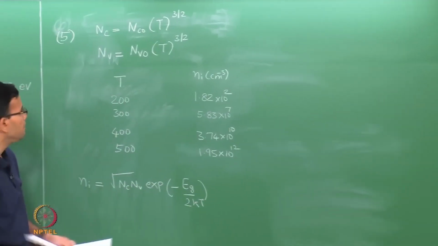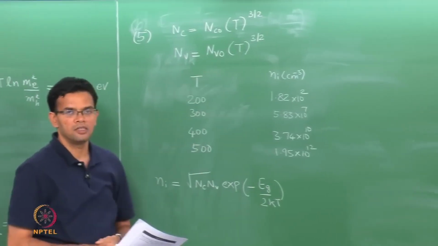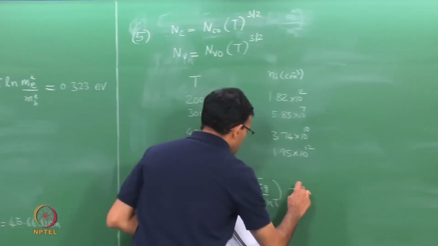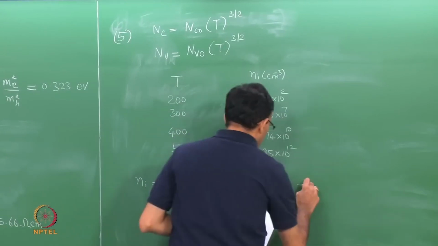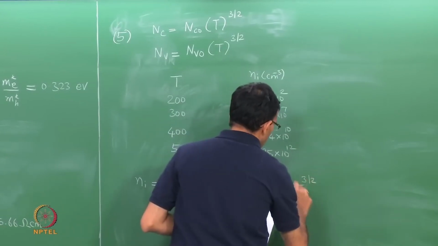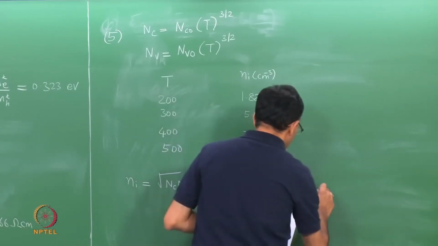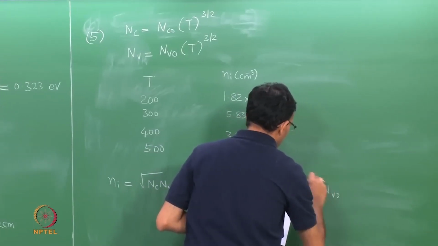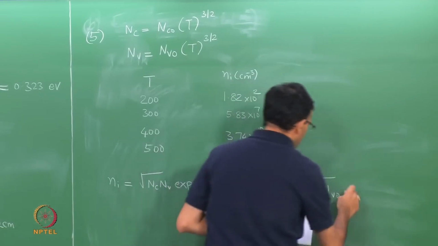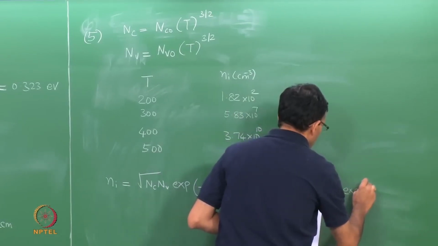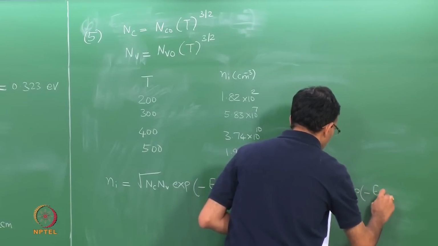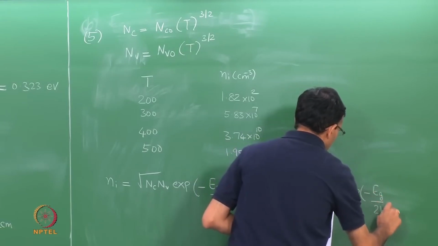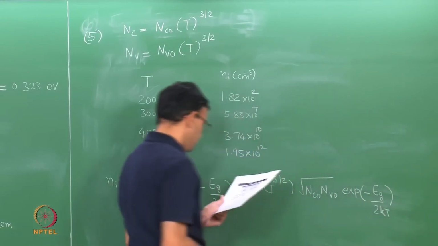Nc and Nv, we can substitute these terms, so that this simplifies to T to the 3 over 2 times square root of Nc naught and Nv naught, which is a temperature independent term, times exponential minus Eg over 2 kT.